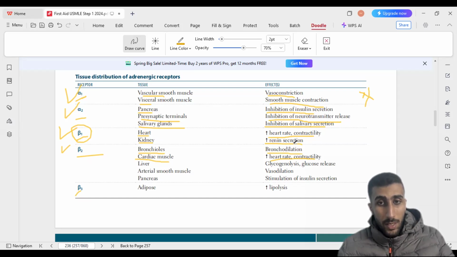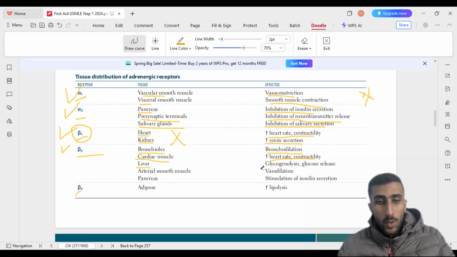To apply this info, a non-selective beta blocker is contraindicated in asthma, because it's not gonna block the heart only, but it is also gonna block B2, so it's gonna cause bronchoconstriction, which has deleterious effects for the asthmatic patient. So the bronchioles have B2 receptors, and the role of B2 is bronchodilation.